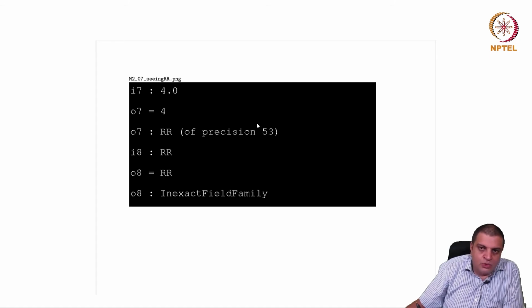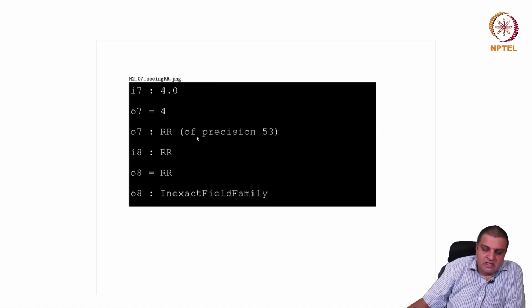Earlier ZZ and QQ didn't say that. So I type RR, and unlike a ring, it now says inexact field family. The reason for this is that in finite precision, you cannot write all real numbers. So depending on the precision that one needs, RR is implemented as a family of fields, and here 53 is the default precision, and it just shows that.